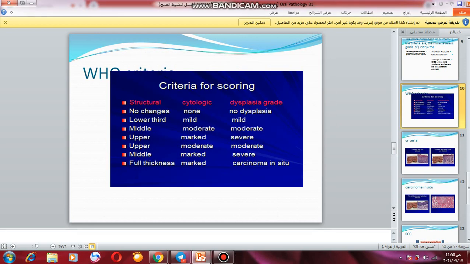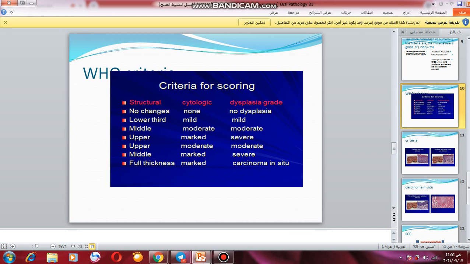But the WHO أضافوا 2 other changes. What did they say? Mild, moderate, severe افتهمناها. إذا كان 1/3, 2/3, 3/3. Sometimes upper third اللي هو نحن المفروض قلنا severe, sometimes it's not severe, it's moderate.